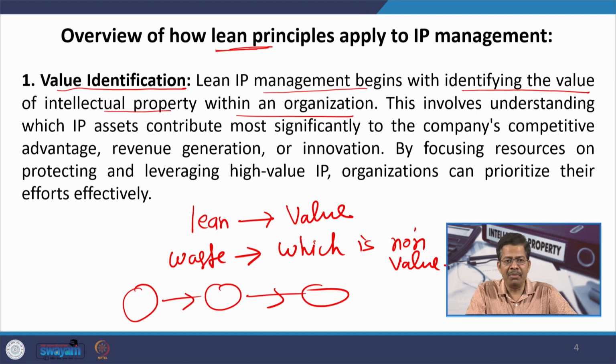So, the first important thing is we need to see whether IP is adding any value to my organization or not. I am not making any generic statement. This applies to every type of IP, whether trademark, copyright, design, patent, etc. We need to see, if I am going to protect this particular IP, for example, I am IIT Roorkee, and if I go for any GI protection, how will this GI protection add value to my organization?